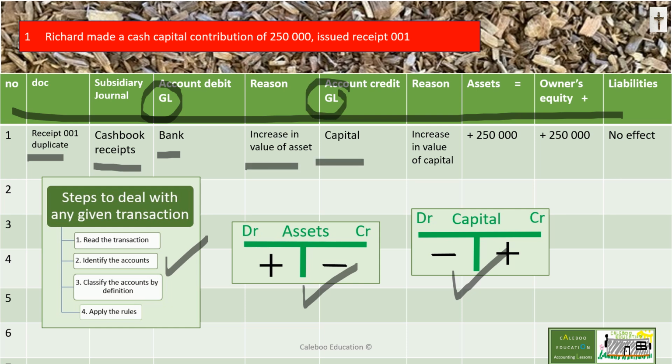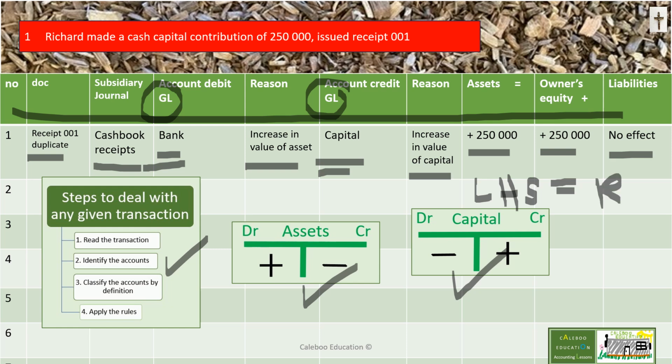I provided reasons why the account was debited, why the account was credited, and then I recorded with numbers the effect on the accounting equation. And after this, the left-hand side equaled the right-hand side.